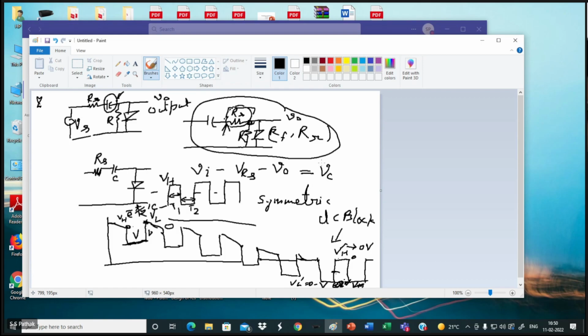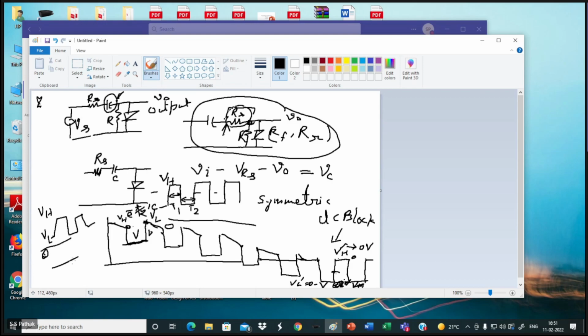What is VL dash? I have written here, the pulse initially was coming like this. My datum was here 0. I call this my VH and this is my VL coming over there. Is it okay? Become a 0 somewhere here. Now after the steady state has been achieved, it is clamped now.